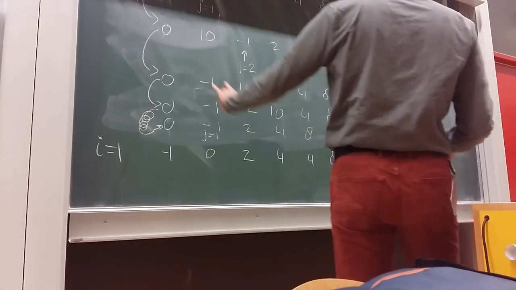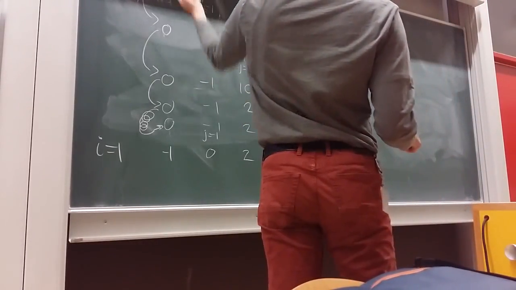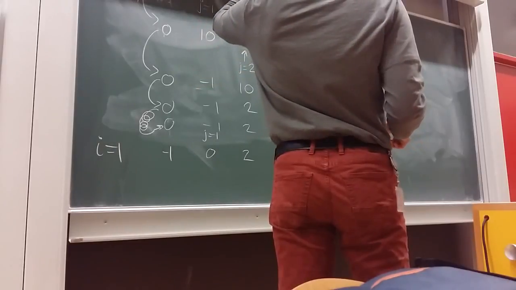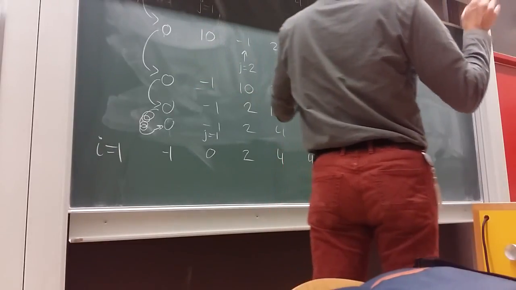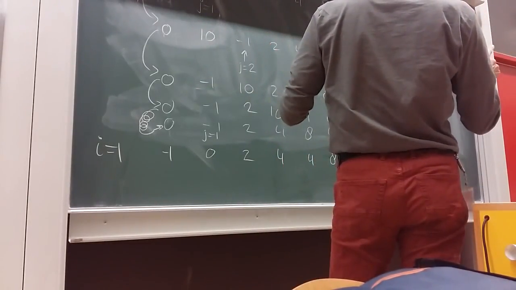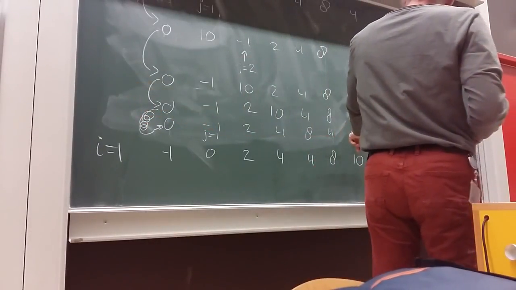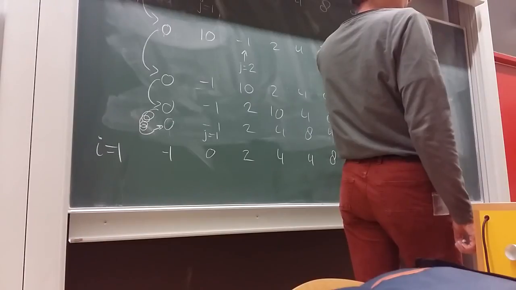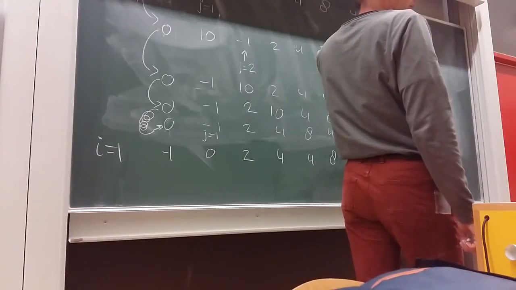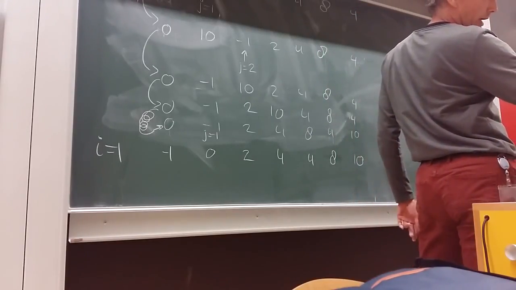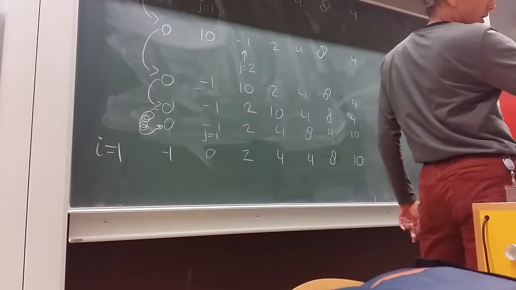At some point you know that after the first pass, the last one is going to be the largest. You don't have to test that one anymore. So you can run it to len minus I.